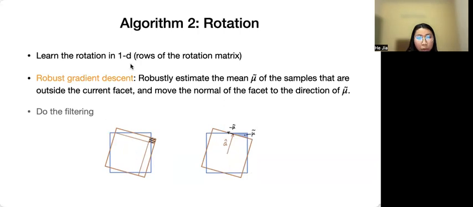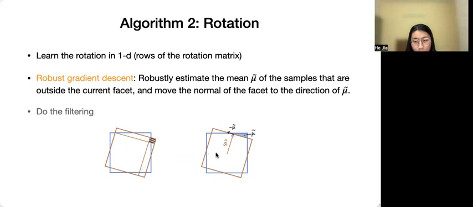And for the rotation, we use the algorithm we call robust gradient descent. So we robustly estimate the mean mu. First, the orange cube is our current cube, and the blue one is the target. We want to improve the current height A toward the blue facet direction of the blue cube.